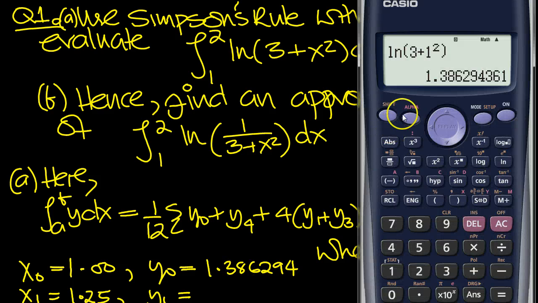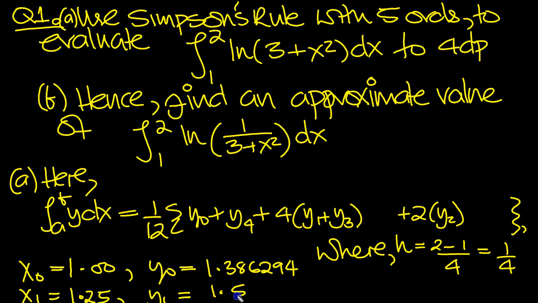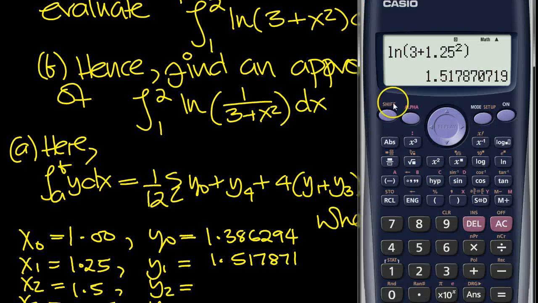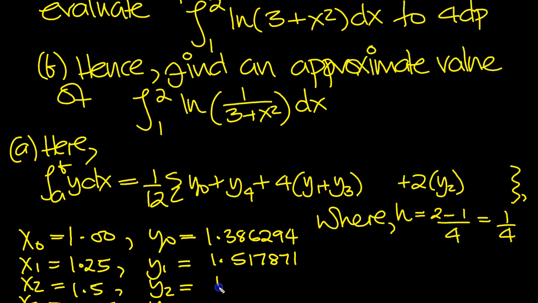Next one. What we do is we change the 1 to 1.25 now. That gives 1.517871. Next one is 1.5, which gives 1.658228.